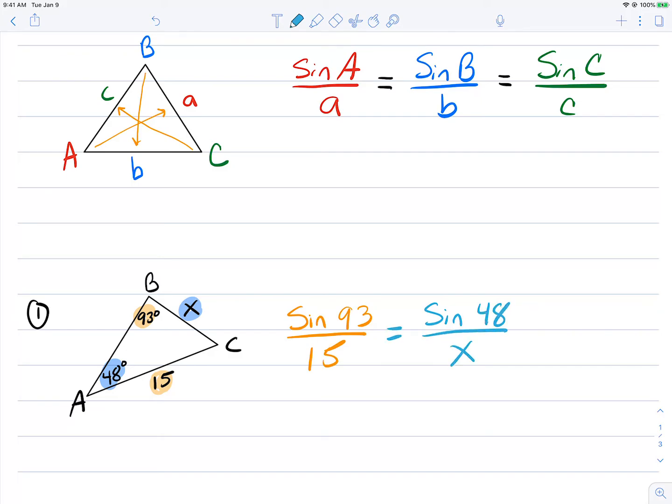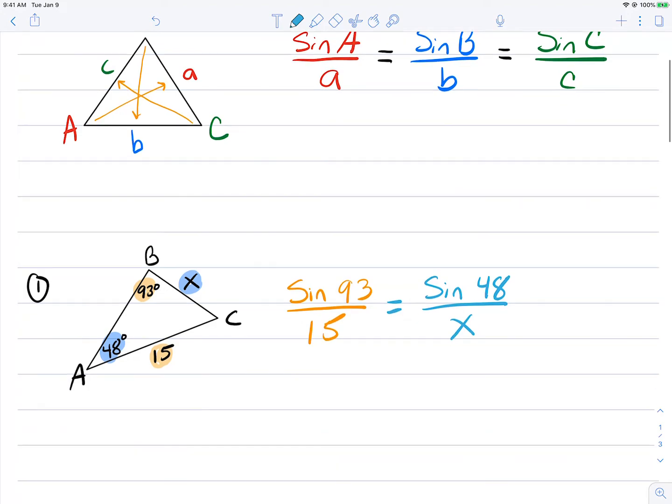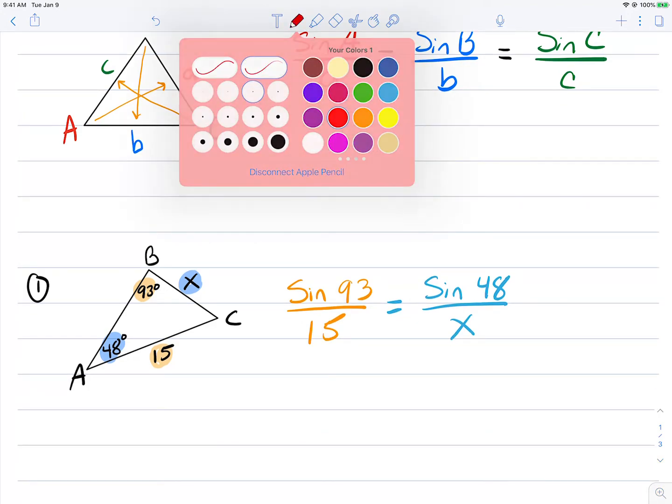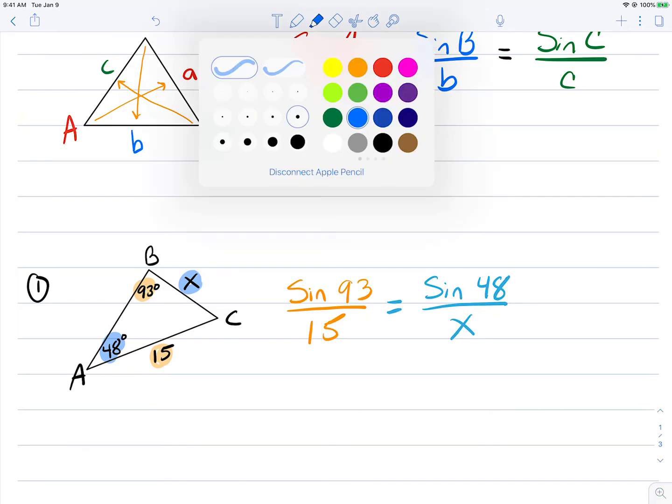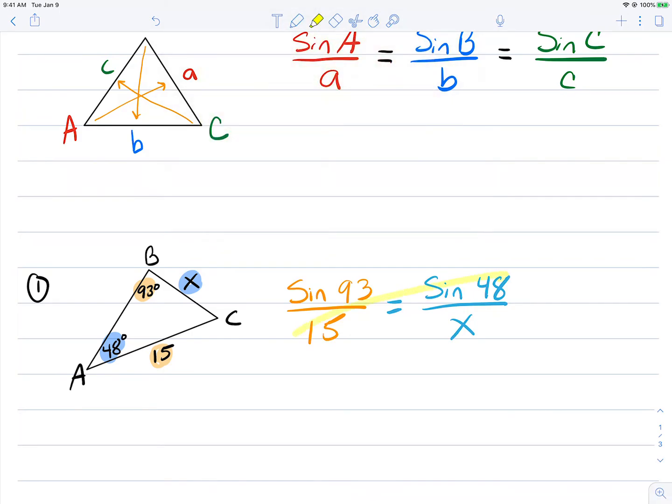Now, the law of sines says that those two ratios should be the exact same. So we can now solve this. It is like a cross multiplying problem. So I'm going to multiply the ones that are across from each other, and I'm going to get x times the sine of 93 equals 15 times the sine of 48.